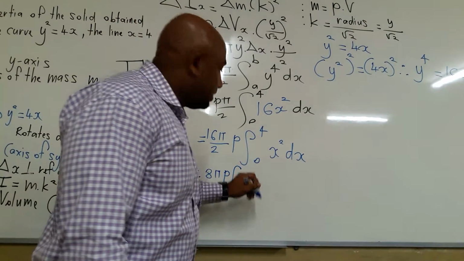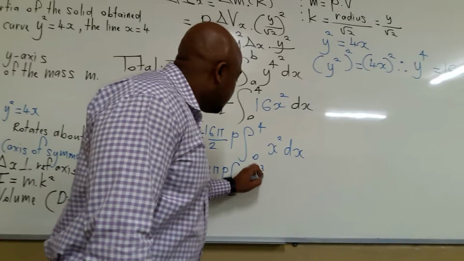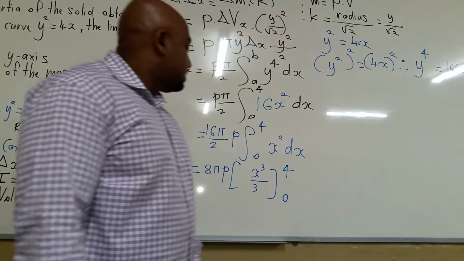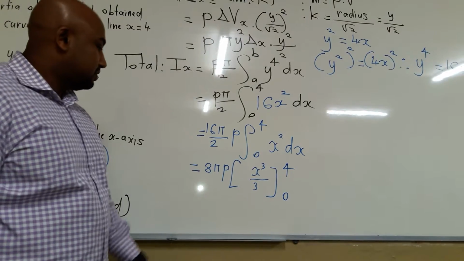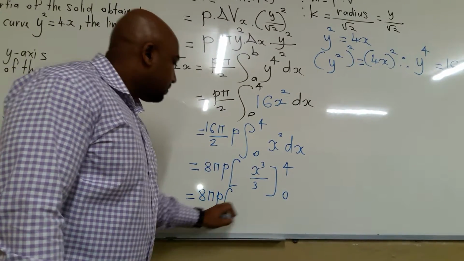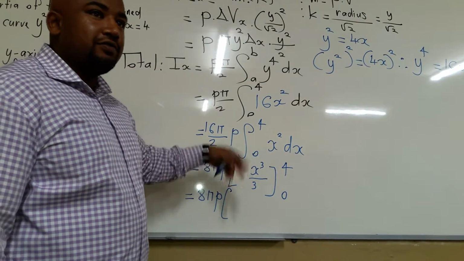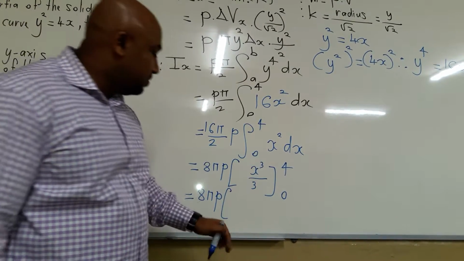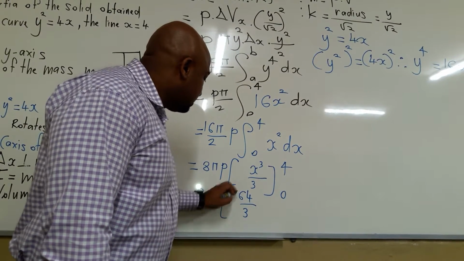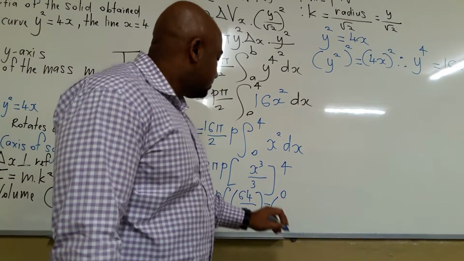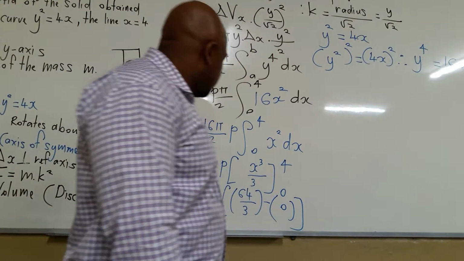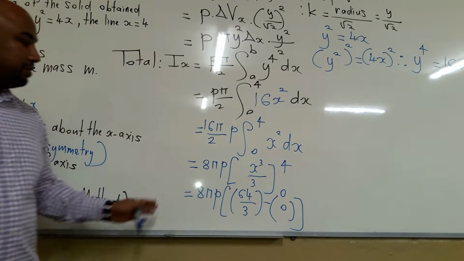Integrate x squared, that will be x to the power 3 over 3, between 4 and 0. Substitute 4. 4 cubed means 4 times 4 times 4, which will be 64 over 3. Substitute 0. 0 cubed will just be 0.